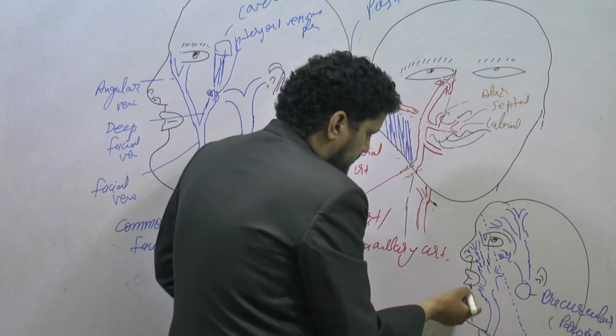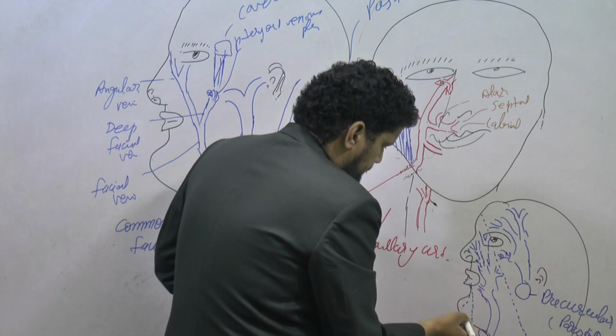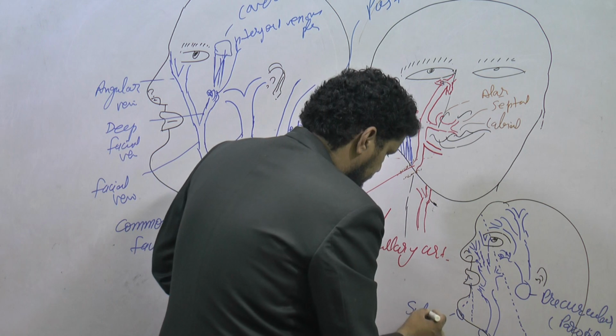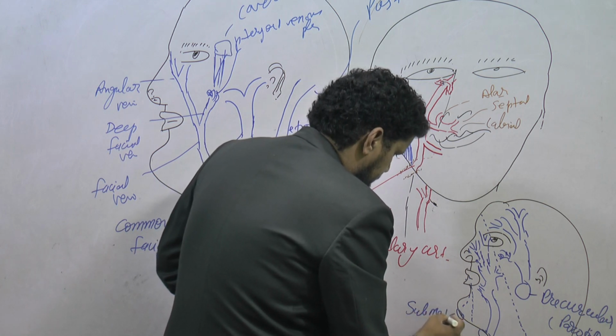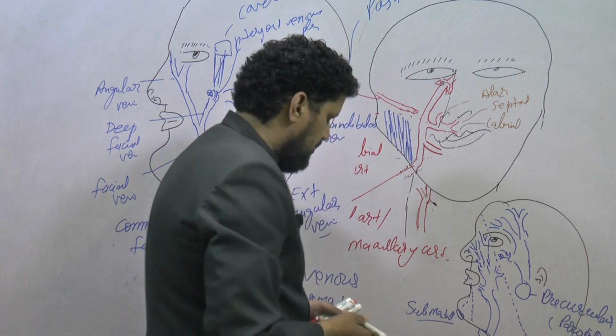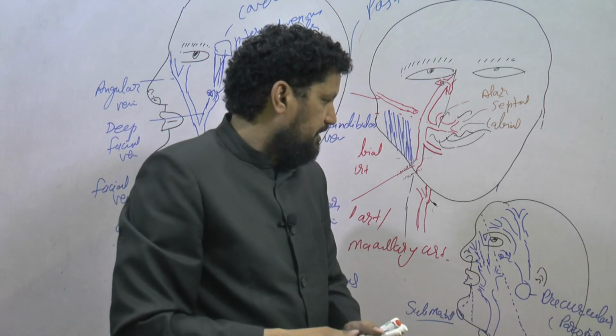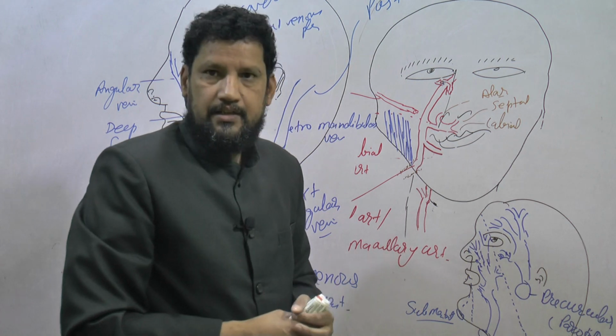And the remaining part of the lower lip and chin are draining in the submental. Or we can simply say the submental, submandibular and the pre-auricular or parotid lymph nodes.